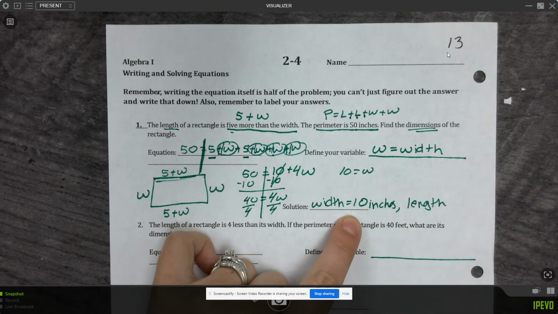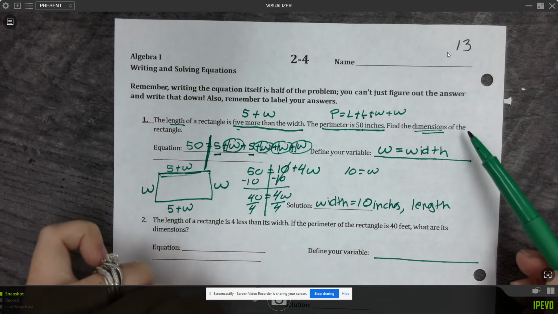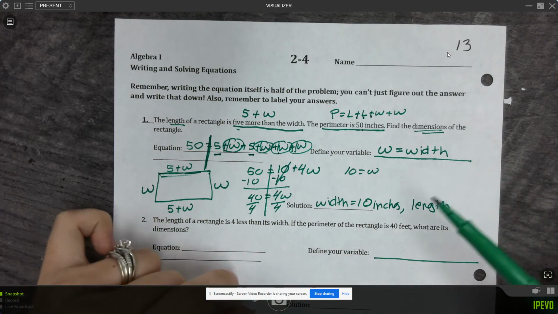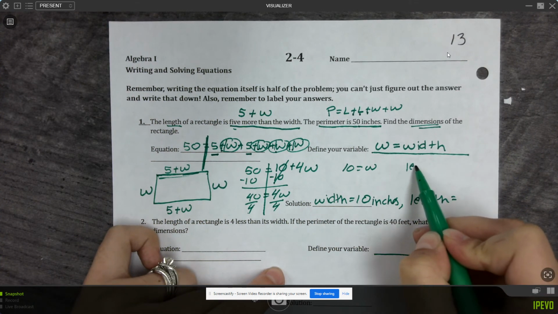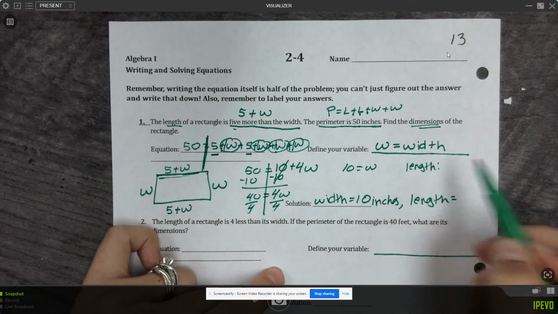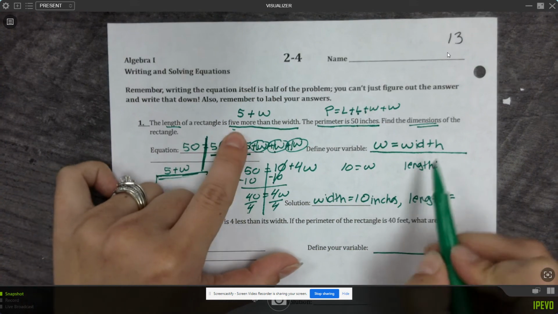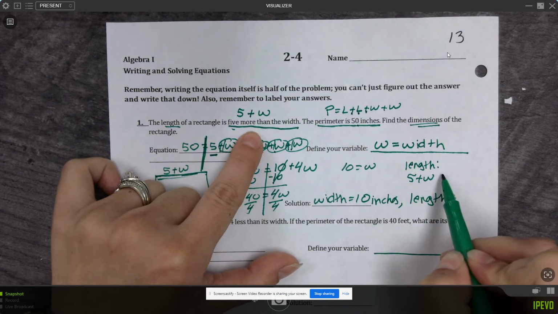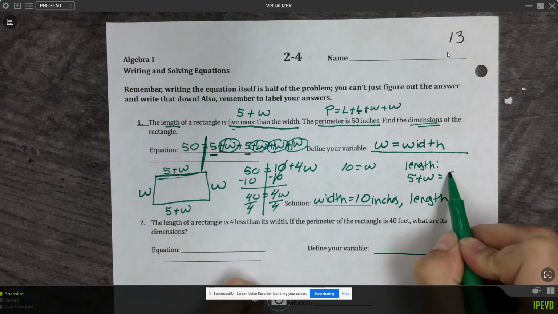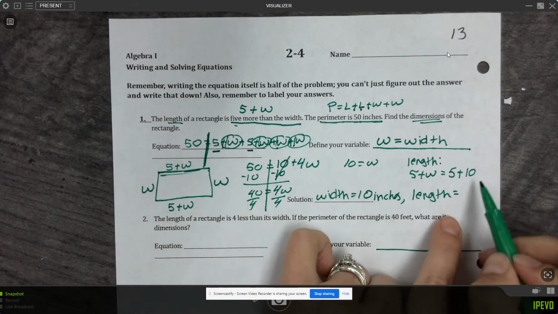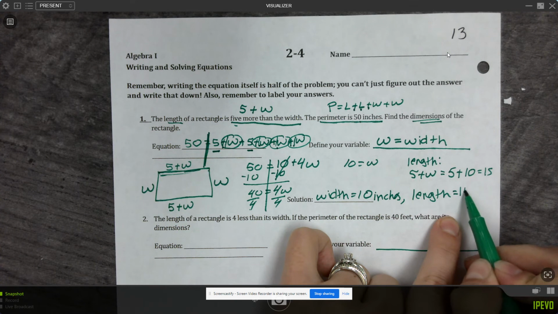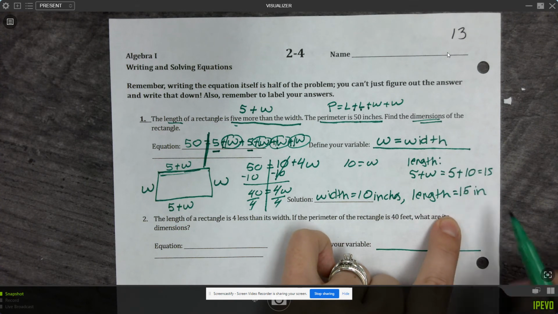Well, now we need to find the length. It didn't say find the width, it said find the dimensions. We found the width, now we need to find the length. Well, the length is 5 plus W, which is 5 plus 10, which is 15 inches.